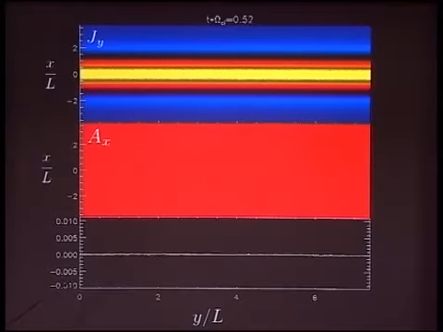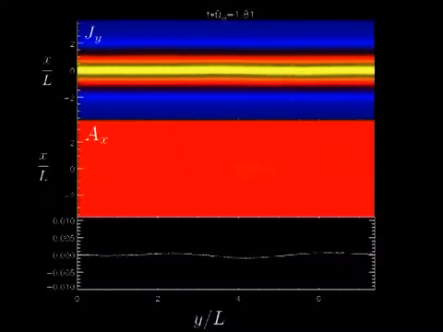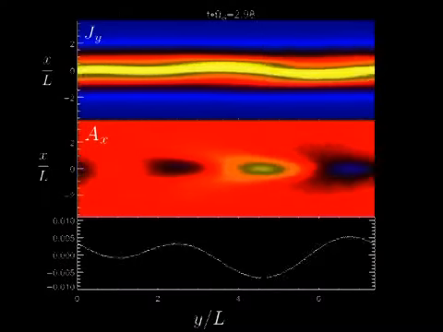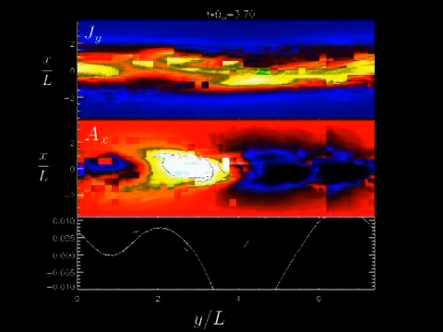And here again is the simulation. This is JY and this is AX. You go back and look at the parity. AX was supposed to be even. The perturbation was supposed to, again, give a kinking to the layer, and it does.